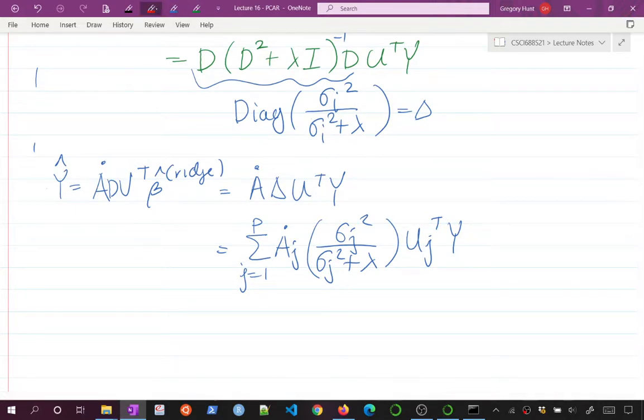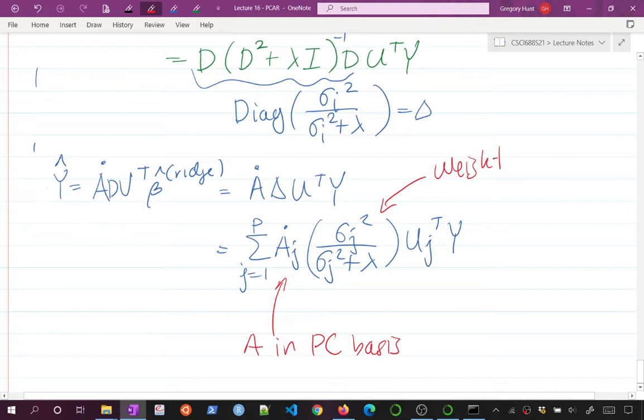And our interpretation of all of this is A in my principal component basis. This is some weight. Let's call it, we don't want to use W again, do we? Call it delta j.